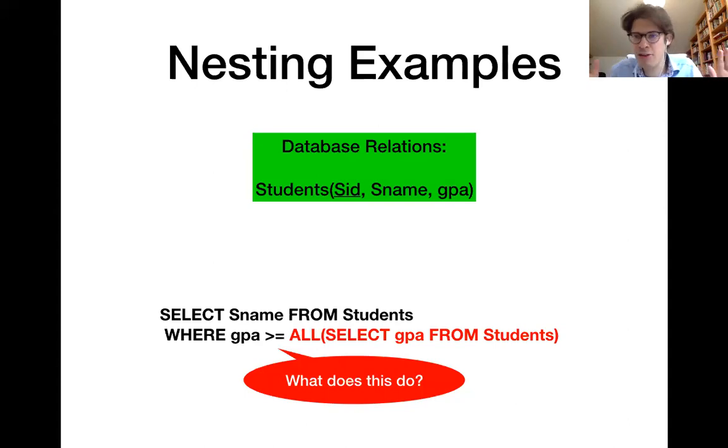So we can essentially imagine a for loop where we iterate over the students, and then the subquery would correspond to another for loop. So we have essentially two nested for loops. Both of them are iterating over the students.